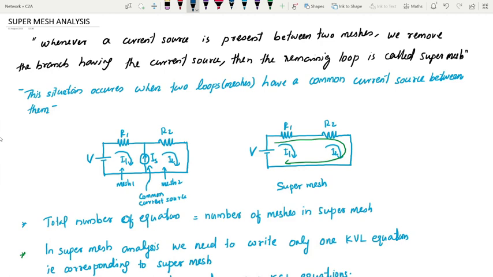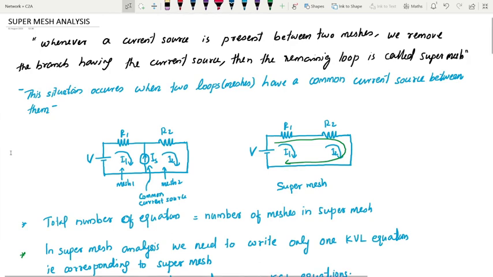So whenever a current source is present between two meshes, we remove the branch having the current source, then the remaining loop is known as super mesh. This situation occurs when two loops or two meshes have a common current source between them. This point you need to remember.